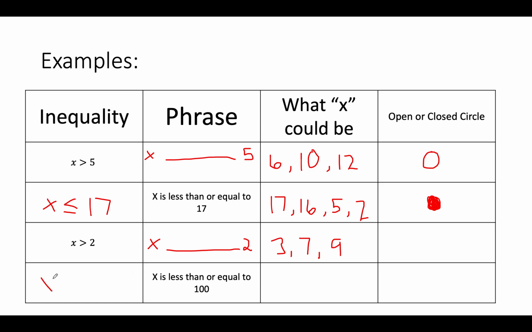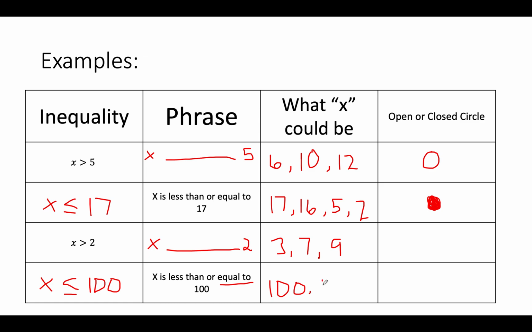Again, reading left to right, x is less than or equal to 100. Since we have that equal to part, one of our solutions could be 100.